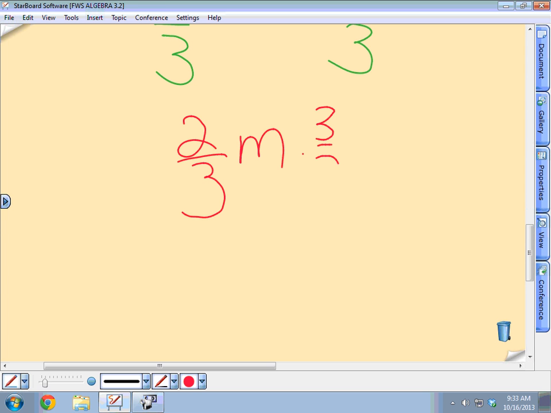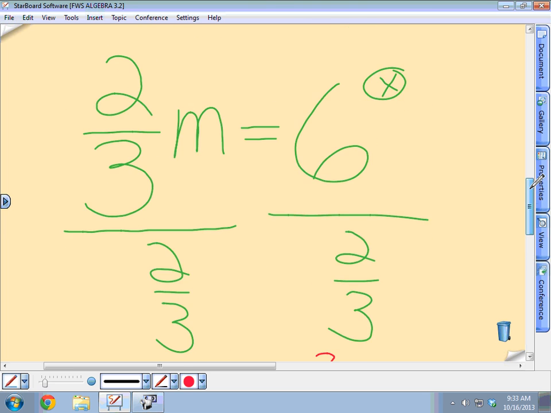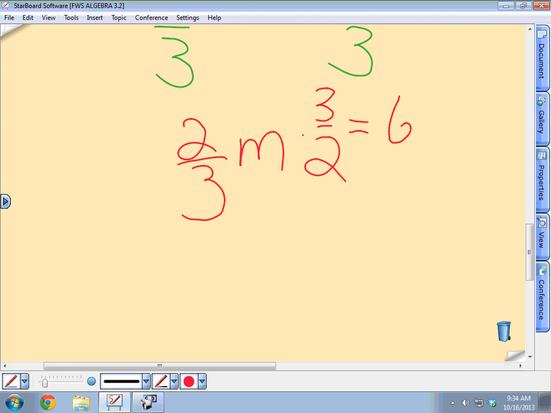Multiply by the reciprocal of 3/2. Okay? And then over here I have 6 times 3/2. So notice I multiplied by the reciprocal. Well, what's this, Alex? 2/3 m times 3/2. What's that going to equal? Well, 2/3 times 3/2 would give you 1, but what's left? m.